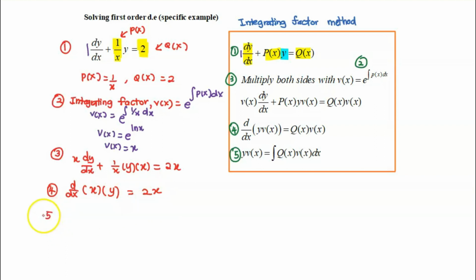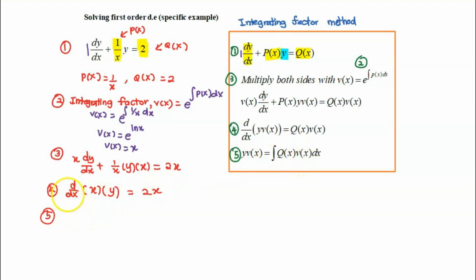We can enter into step number 5, in which we will be integrating both sides of step number 4. So the integral of the derivative d over dx cancels off, and we have V of x times y on the left hand side of step 5. And for the right hand side of step number 4, q of x times V of x, when we integrate, we have this as step 5.